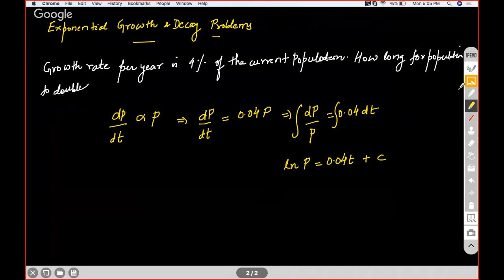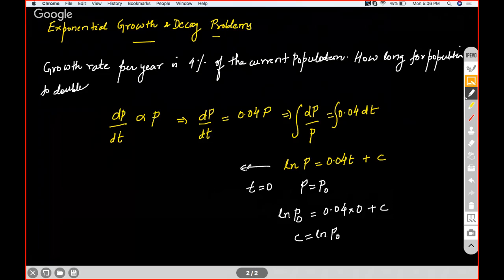Now we'll assume that at time t equal to 0, the population was P naught. This actually helps me to get the value of c. So c is ln P naught, right?